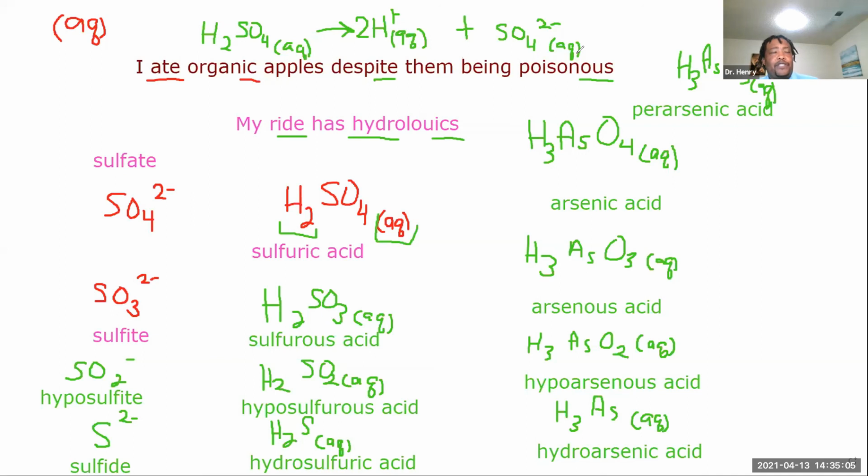It does that almost instantaneously if it's a strong acid. If it's a weak acid, it'll stay in this form, it'll stay connected. Strong acids like to break up. When it breaks up, that means this guy is a strong acid.